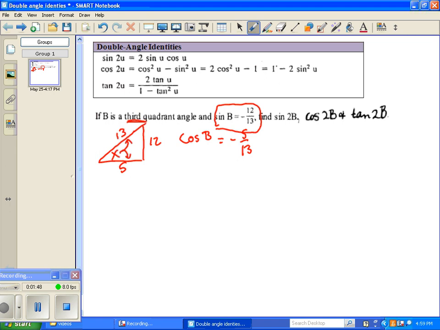Now our last one, the tangent of B equals, now if you look at the diagram, we can get the tangent from that, it's just opposite over adjacent, so it would be 12 over 5.